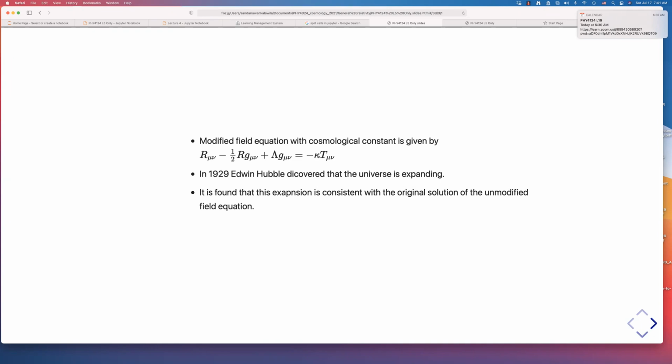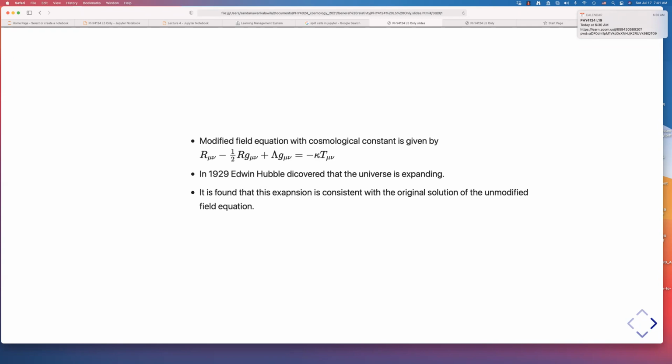The only thing is, when Einstein was deriving these equations in 1915, he thought that the universe is static, because there was no experimental evidence at that time that the universe is expanding. It is after 14 years, in 1929, that Edwin Hubble discovered that the universe is expanding. I guess we have discussed this under galaxies when we were doing the astronomy part.